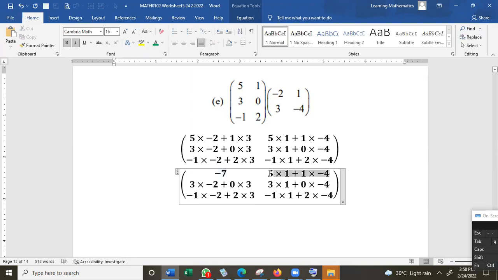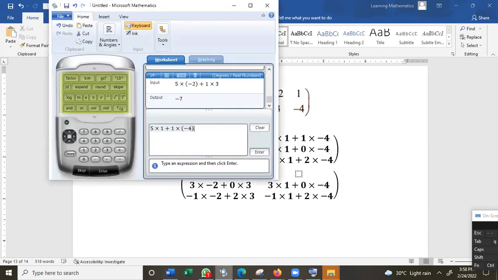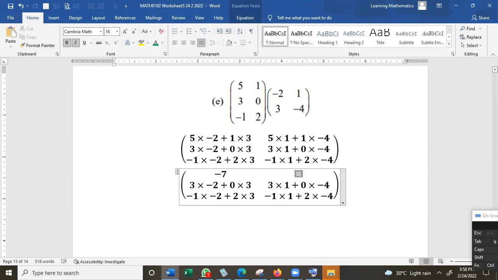Control X, Control V. That's 1. Well, 0 times 3 is 0, so that is negative 6. And that's 0, so that's 3. 3 ones are 3.